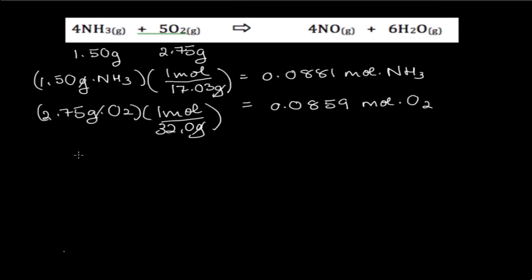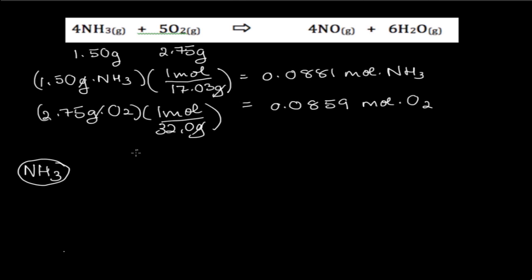I'm going to choose the NO because, as you will see, it makes some of the calculating a bit easier. So the first thing we do is say, okay, let's start with the ammonia. I'll just write ammonia here so that you can keep track of what we're looking at.